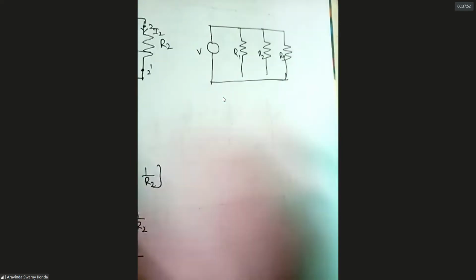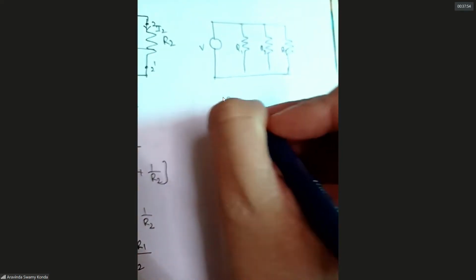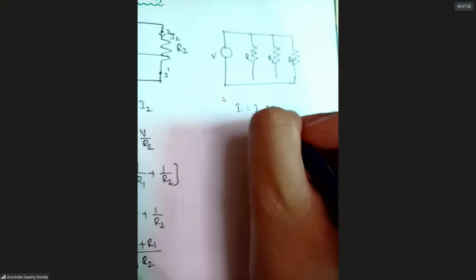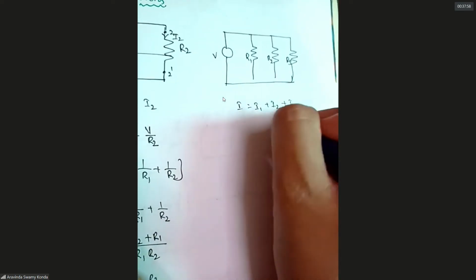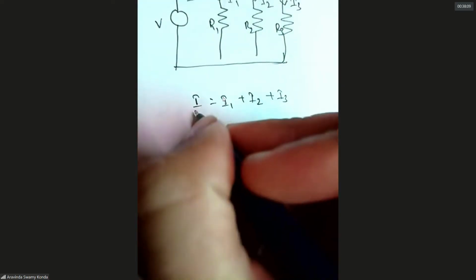V, R1, R2, R3. So I equal to I1, I2, I3. So what is total current?